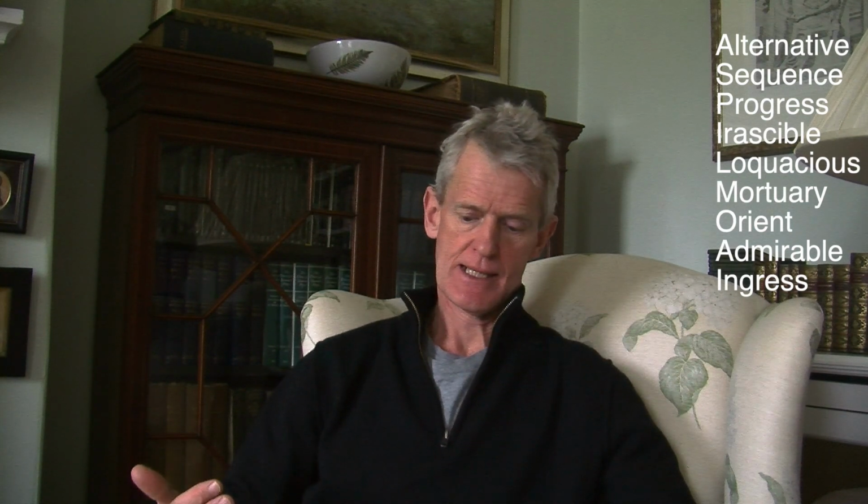Loquacious, great word. We're on to number 6 now, mortuary. Number 7, orient, as in the Orient. Number 8, admirable. Number 9, ingress, there was an ingress of water. And number 10, egress. So 10 little words there.